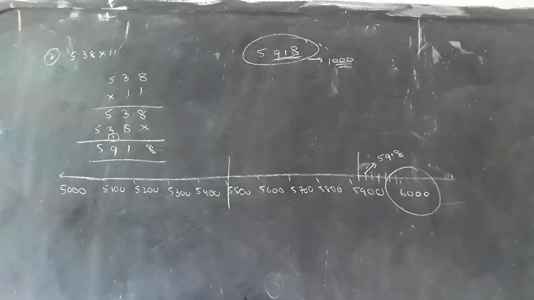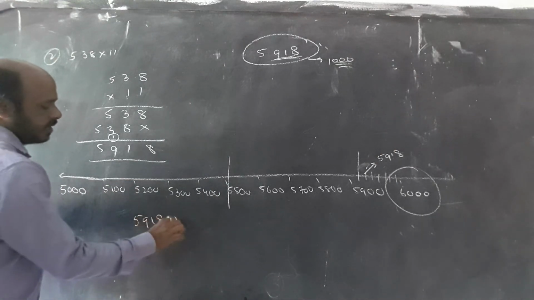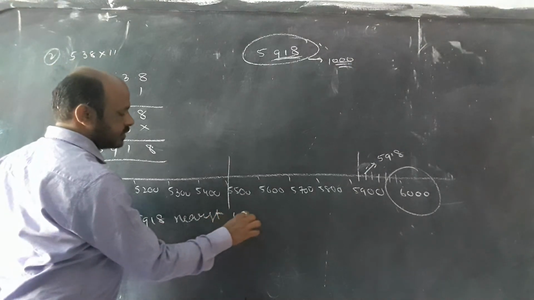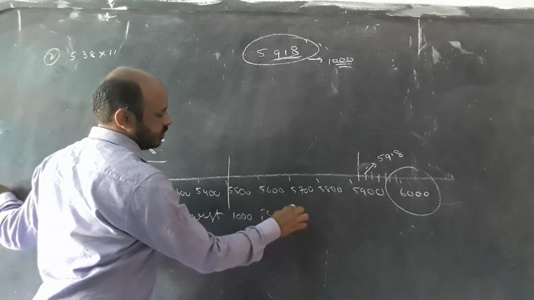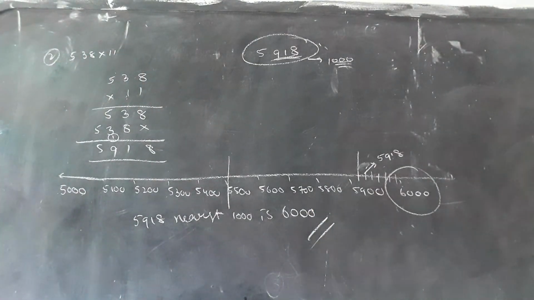We will round up. Then the nearest 1000 to 5918 is 6000. This is the process we have to do for estimating the product and the nearest 1000.